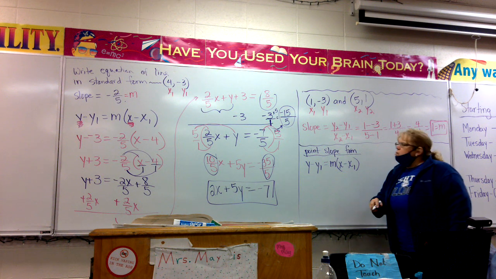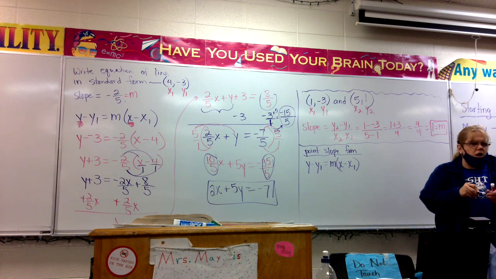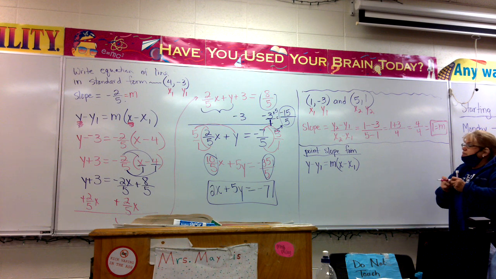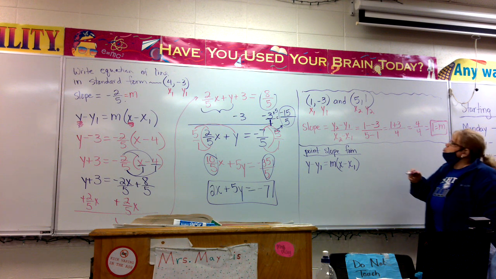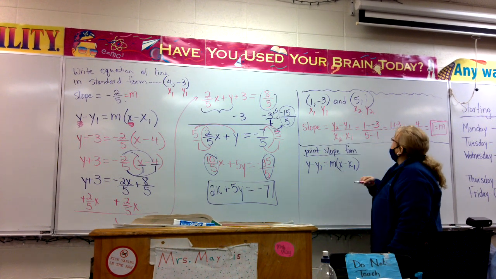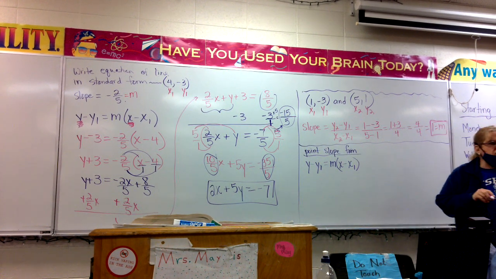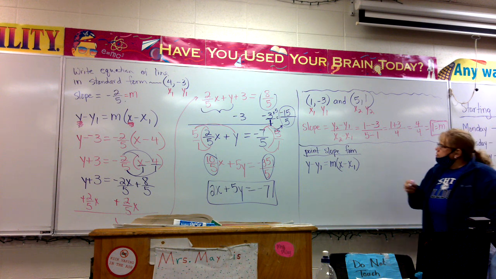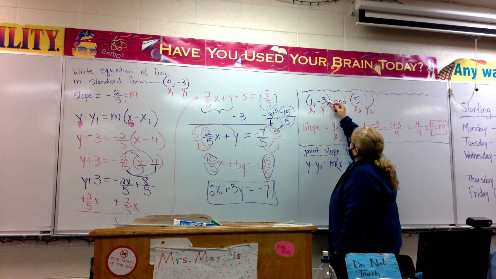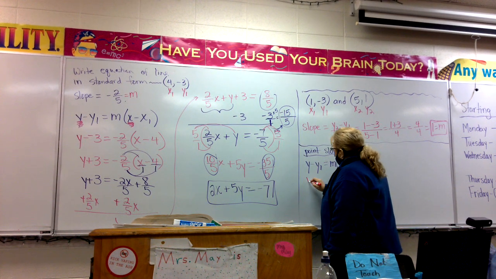How will we know which point to use in there? Well, it doesn't actually matter. No matter what, you should be able to plug in both of these and get the right equation. So since this one already has labeled x1 and y1, let's use that one.